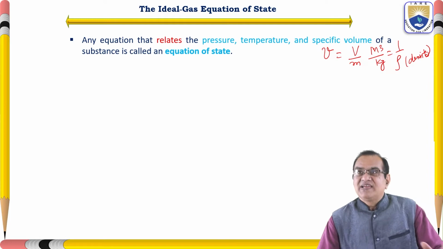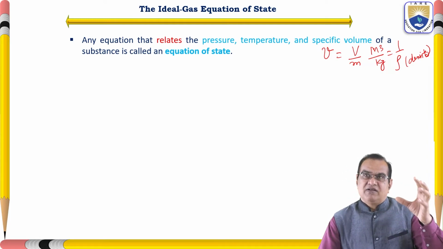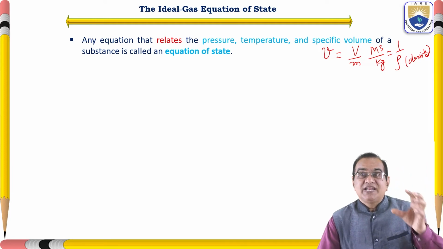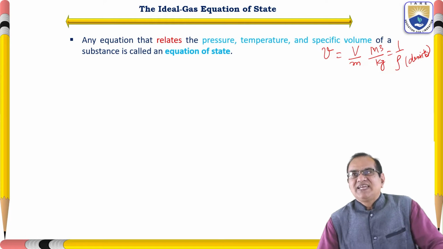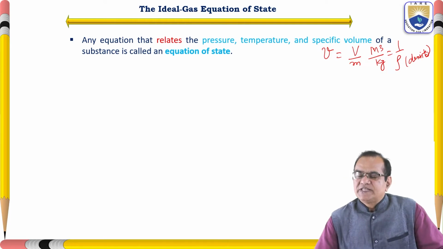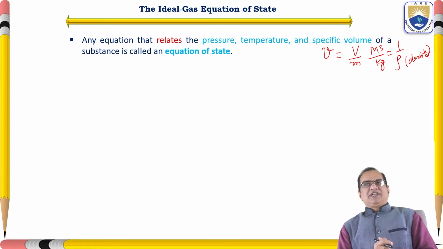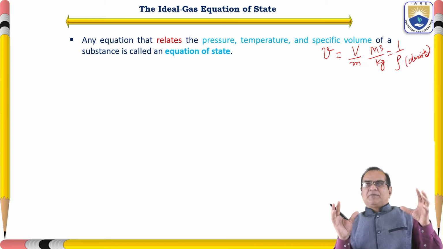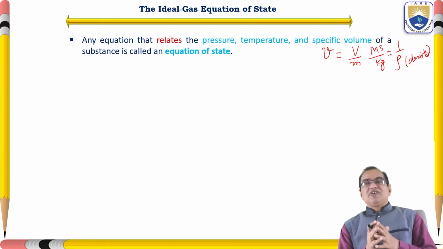So if you want to make volume a parameter for your property, then it should be divided by mass. Then only we can take it as a specific property. So if you want to relate the different properties of pressure, temperature and specific volume, that equation is called the equation of state.